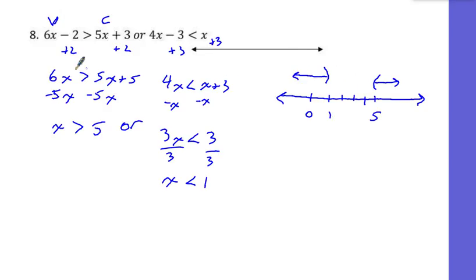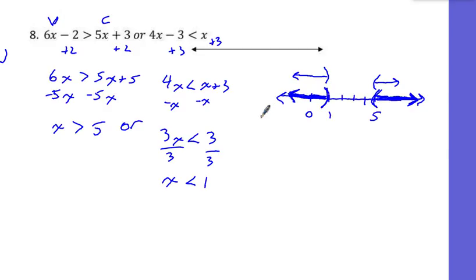This is a union because of the OR, so we are going to choose all of the solutions from each inequality, and therefore we shade to the right of 5 and to the left of 1.